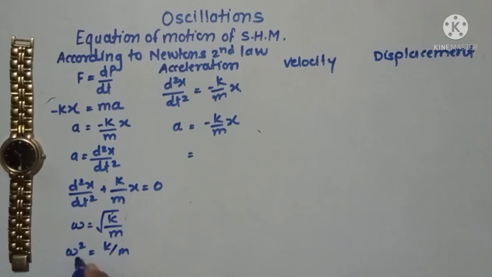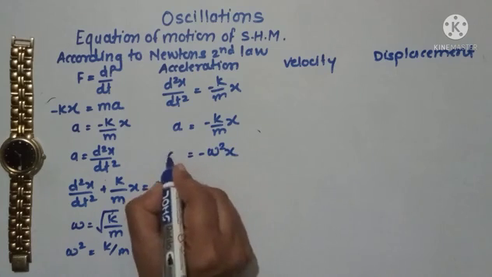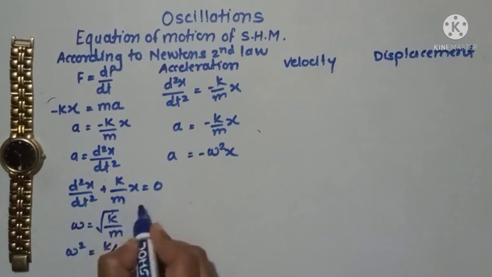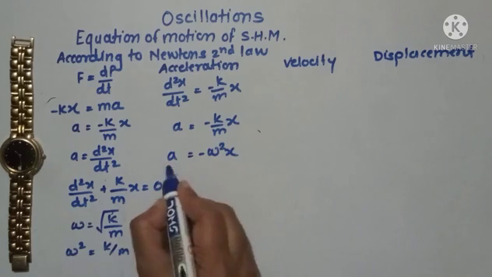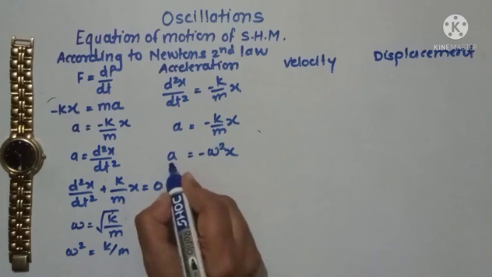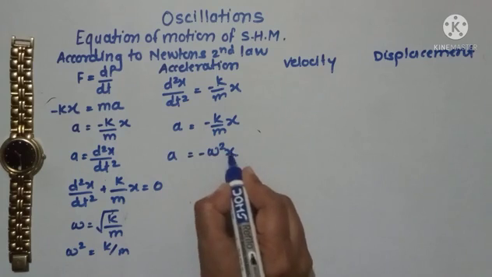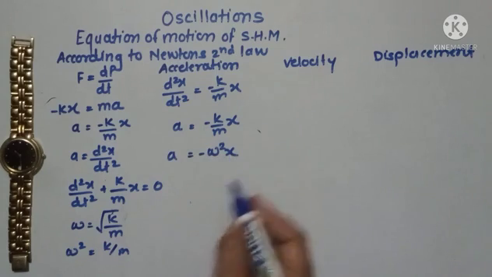Let me put this value of omega square, so this will be minus omega square x. So once you know the equation of motion, you can calculate the acceleration. From this equation you can see that this acceleration is always directed in the opposite direction to the displacement.